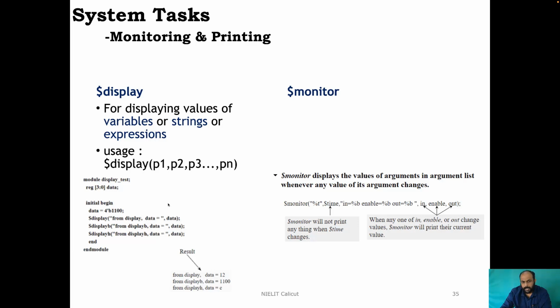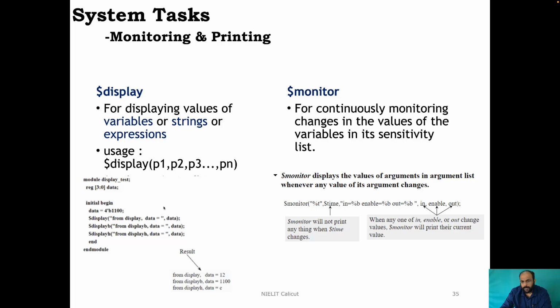Similarly, there is something called $monitor. $monitor is for continuously monitoring changes in the values of the variables in the list. For example, see the usage below. It's written $monitor, then inside the brackets it's written %t, $time, in is equal to %b, enable is equal to %b, out is equal to %b, then after a comma: in, enable, out.